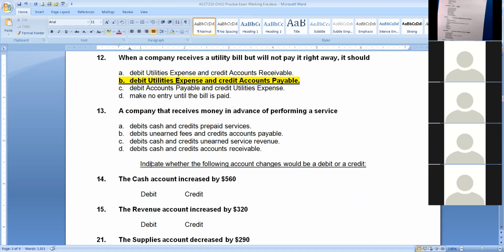A, I don't think we talked about. Did we talk about unearned revenue? I don't think we did. Unearned revenue is when someone pays us in advance. And unearned revenue is actually not a revenue, it's a liability. So we're going to debit cash. Our cash is going to go up.